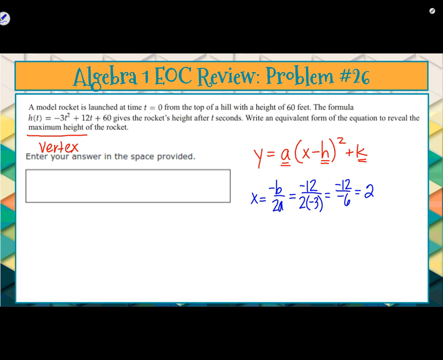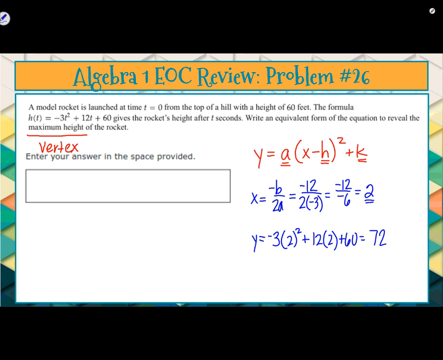How do I find the y part? I plug it back into the original formula and solve for y. So I've got negative 3 times 2 squared plus 12 times 2 plus 60, and I get 72.